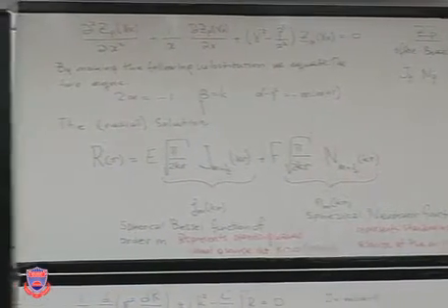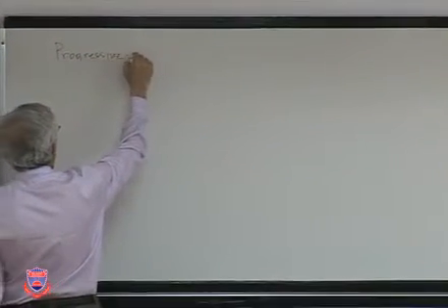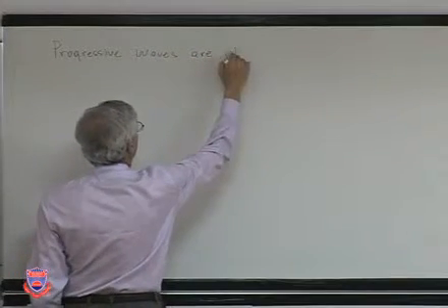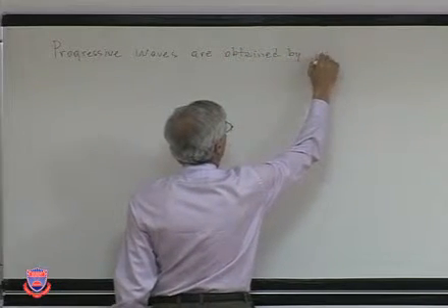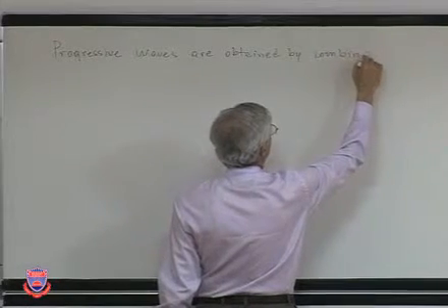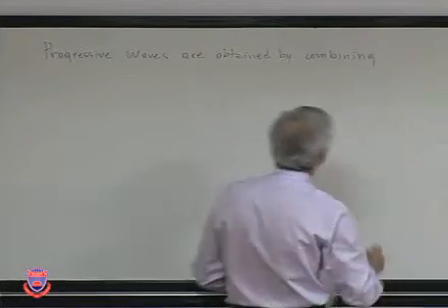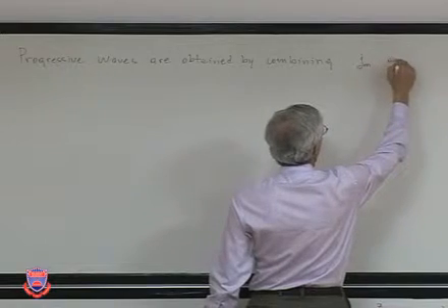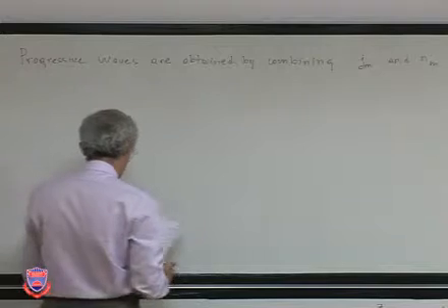So progressive waves are obtained by combining Bessel functions and Neumann functions.